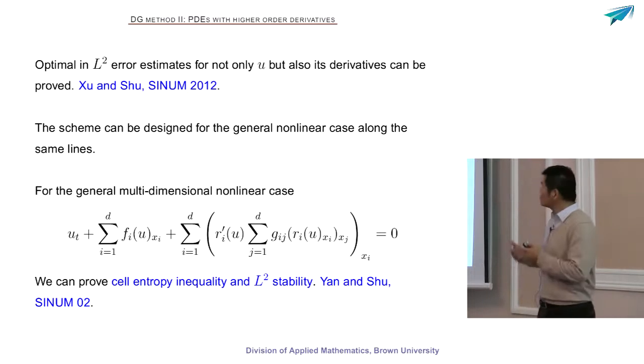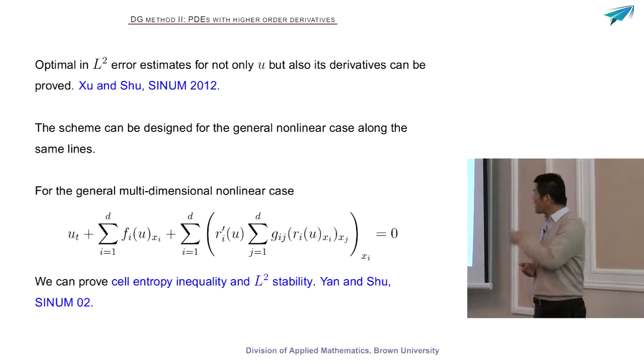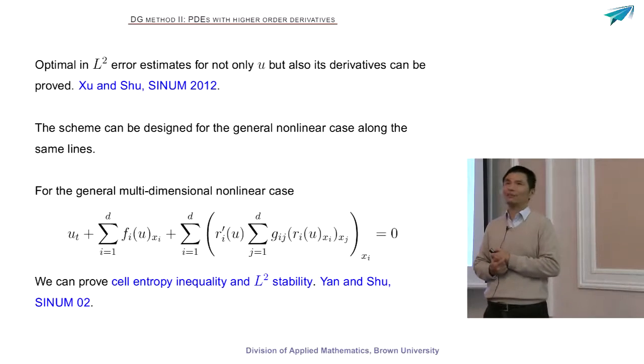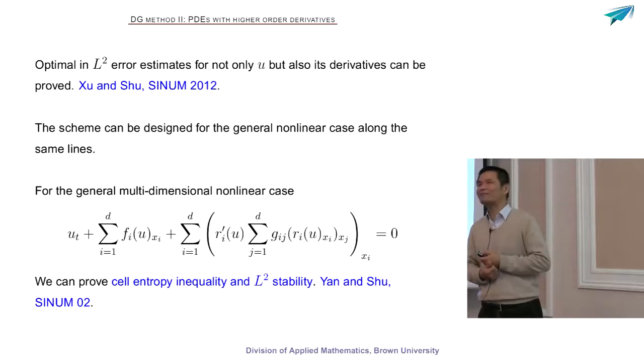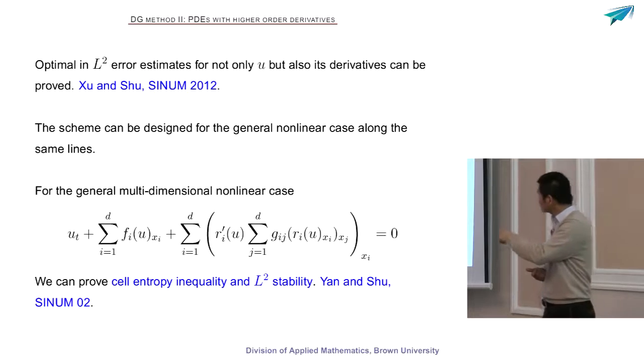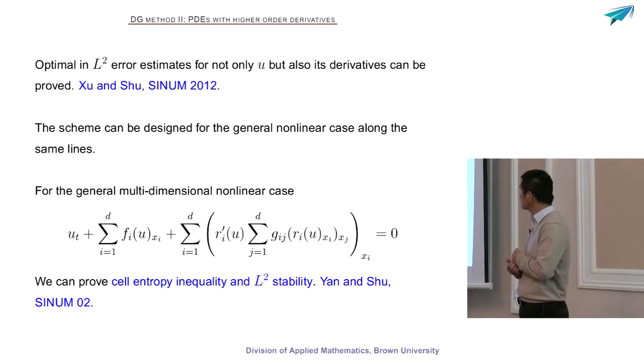No parameter to tune, and so on. For these higher order PDEs, penalty methods are used much less, because you have a lot of parameters to tune, and at very high order it becomes quite messy. So for high orders, this kind of LDG seems to be a good choice.